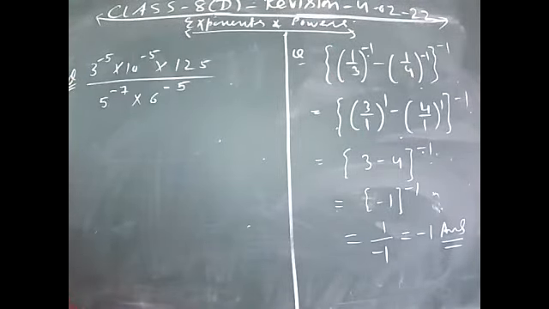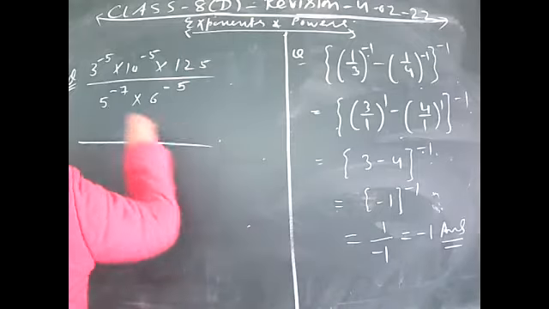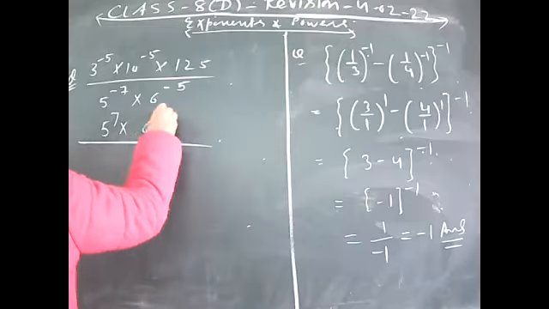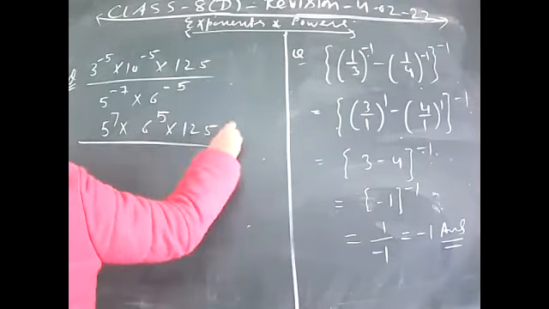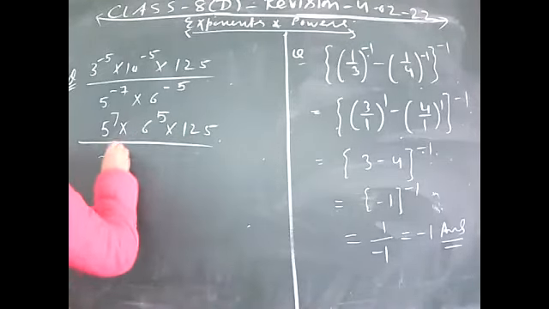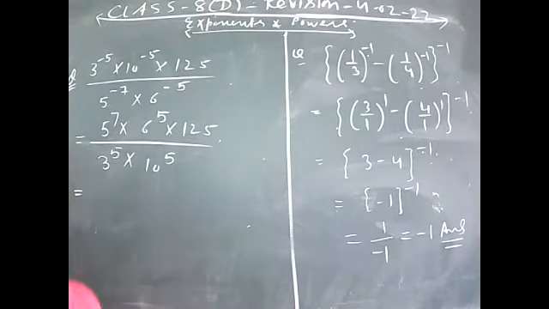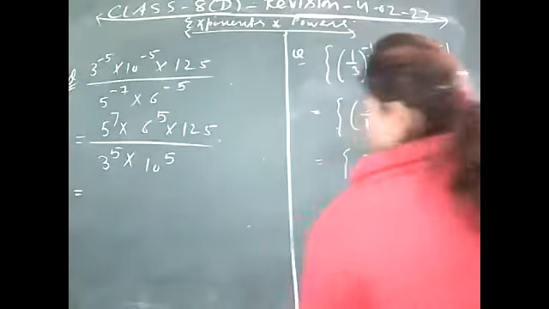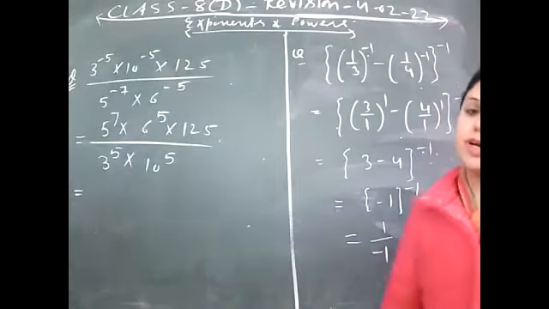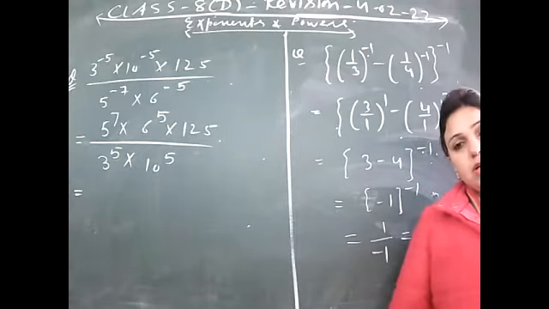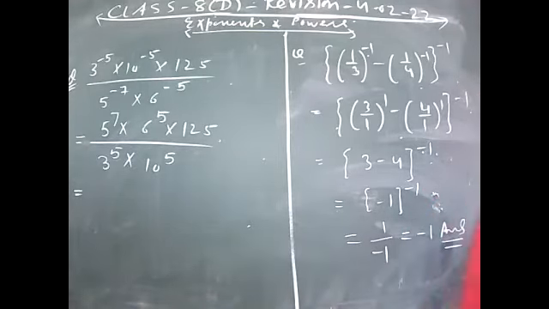First of all, I would like to make the negative parts positive. 5 raised to power minus 7 goes to the numerator, 6 raised to minus 5 goes to the numerator, 125. 3 raised to 5 in the denominator, 10 raised to 5 in the denominator. So the negative parts have shifted their place. Numerator becomes denominator, denominator becomes numerator, and we get it like this. Now we have to solve it further.